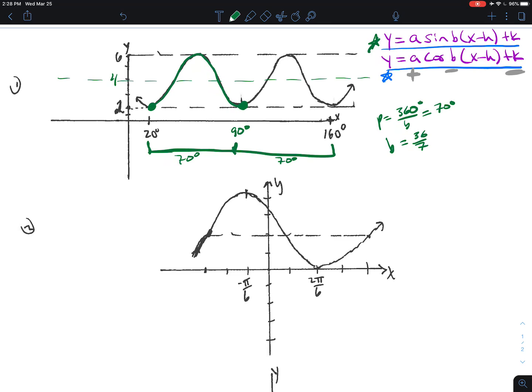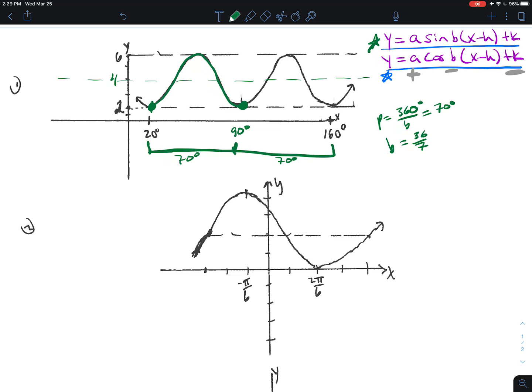Now, I've determined that I'm going to start at 20. My b term is 36 over 7. I know my k term is 4, because I found that at the beginning. The horizontal axis has been shifted up. The last thing I need to find is my a term.